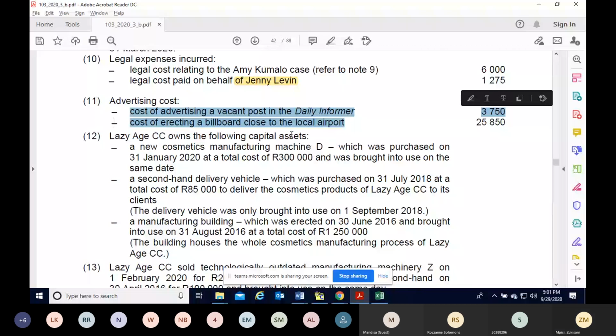Cost of erecting a billboard close to the local airport. Now remember, a billboard is an item that stands and does not move. Therefore, for us to create a billboard, we need to erect it, so it becomes capital expenditure, because we will have a longer benefit on that billboard.